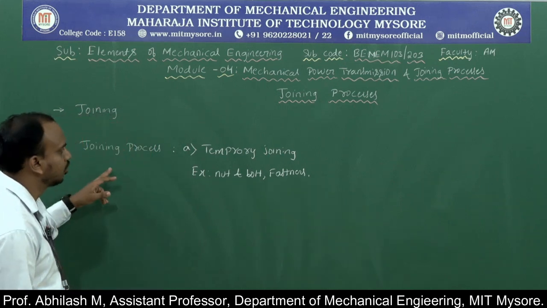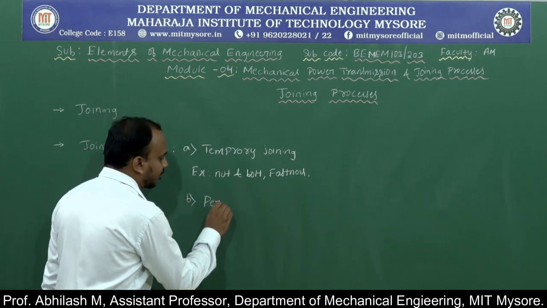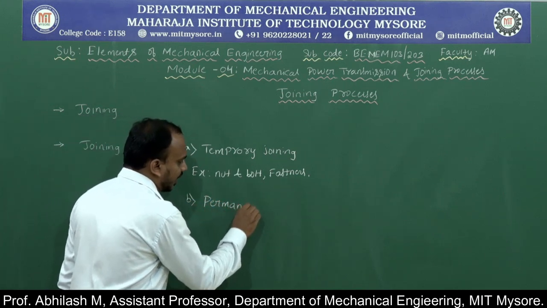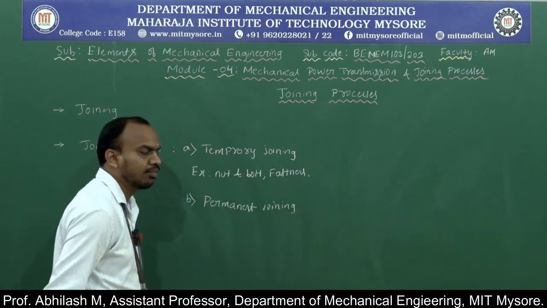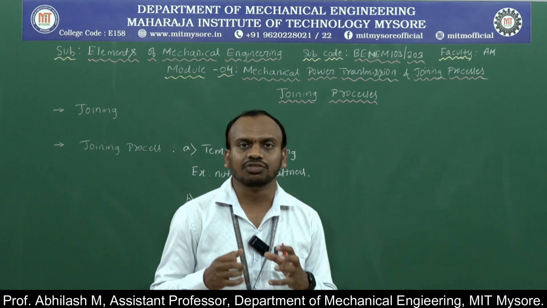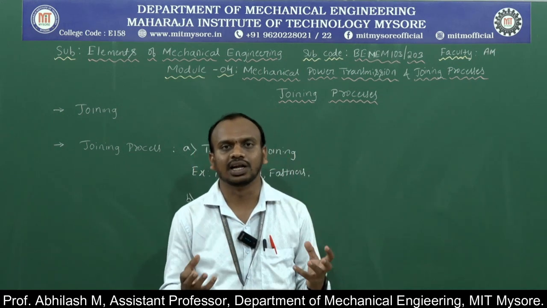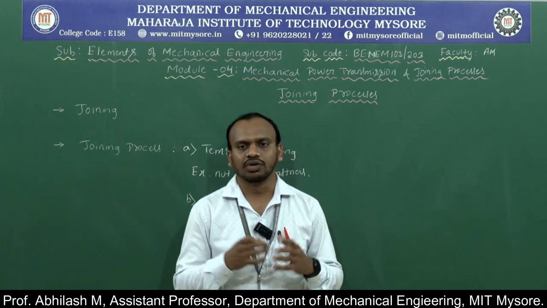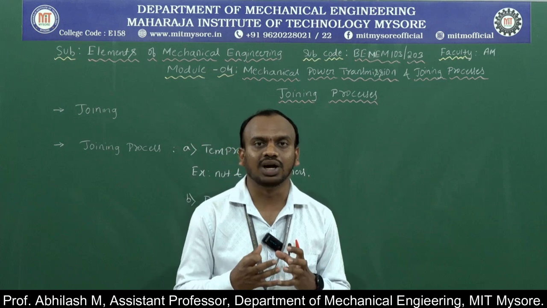Similarly, the other type of joining process is called permanent joining. The name itself suggests permanent joining. Under permanent joining, once the components are joined together, they cannot be dismantled whenever required. In your automobile structure itself, we can see many parts that have been welded.